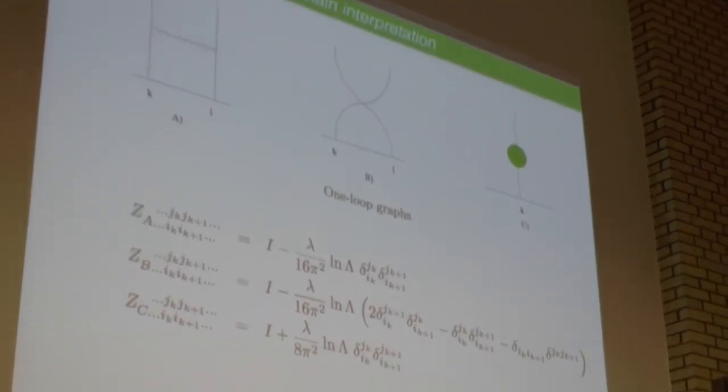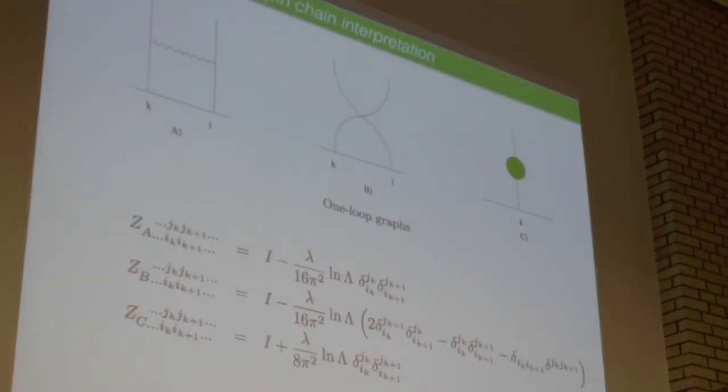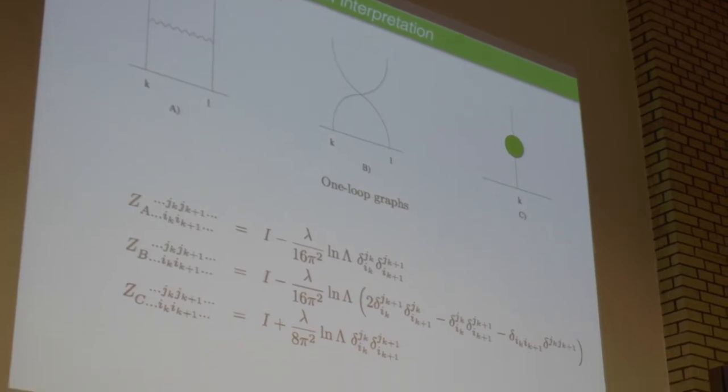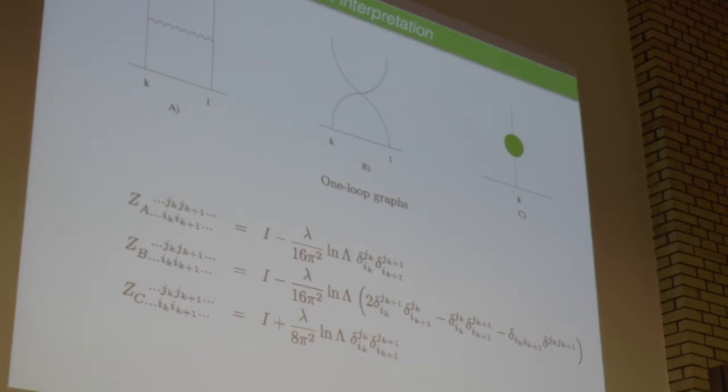So diagram C is a different case, which is only one index? Sorry? Diagram C describes different cases than A and B, because there's only one index? No, this is particular, I'm zooming on particular indices, K and L. And L actually is equal to K plus 1. Right. Then there will be other indices and so on and so on. That's why you see that this Z, ZA, ZB, ZC, they have many indices.